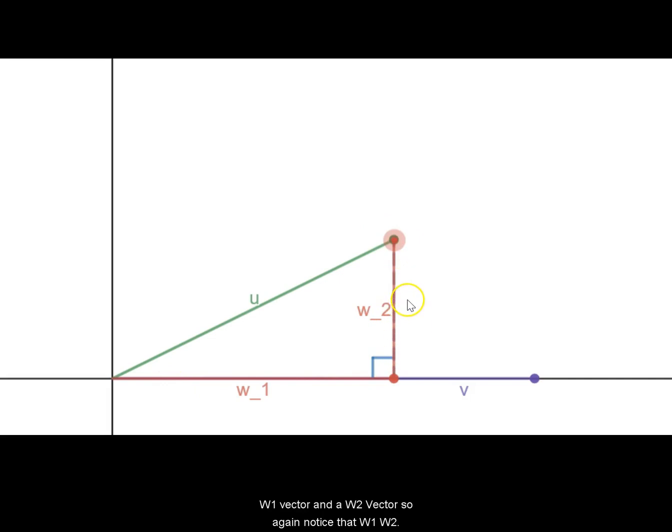Notice that w1 and w2 are all based on the relationship between u and v. So what we want to do now is take this w2 vector and move it over so that all of our vectors now have the same tail. Let's throw this over and have it start at the beginning.